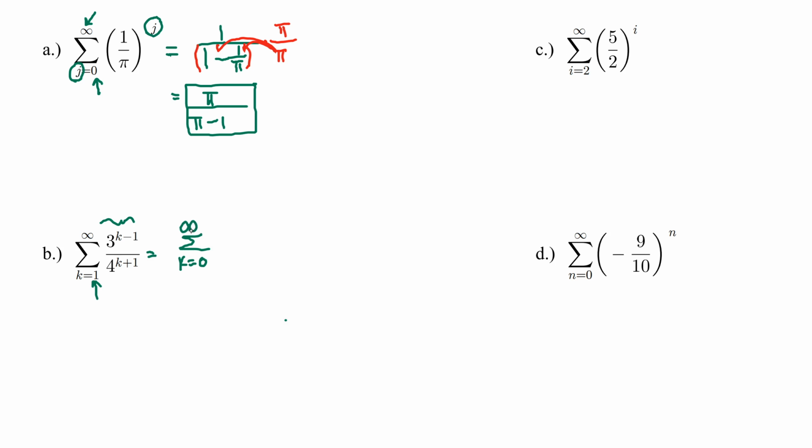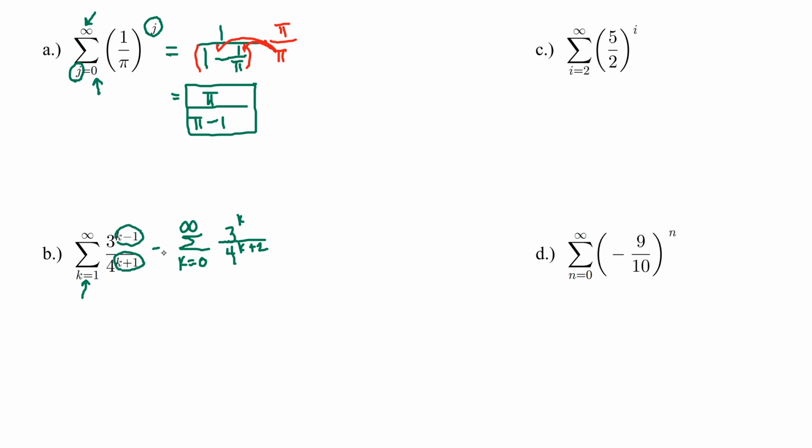So if I decrease the index by 1 in the position of these placeholders, then I have to increase these k's by 1. So we're going to end up with 3 to the k over 4 to the k plus 2. So once again, we decreased this index by 1, and to counterbalance that, we increased these by 1.